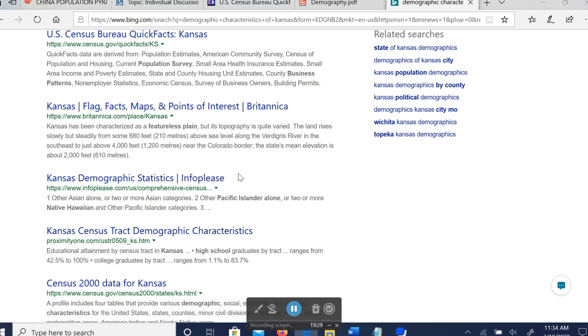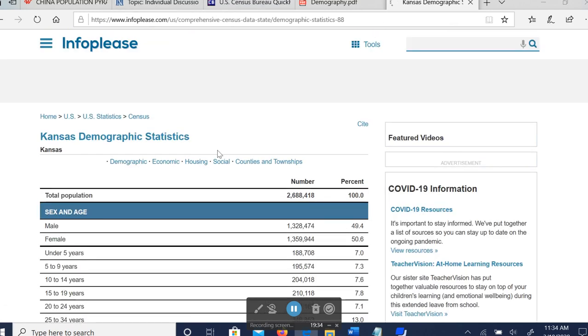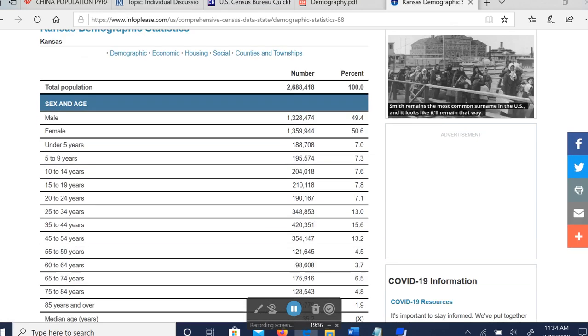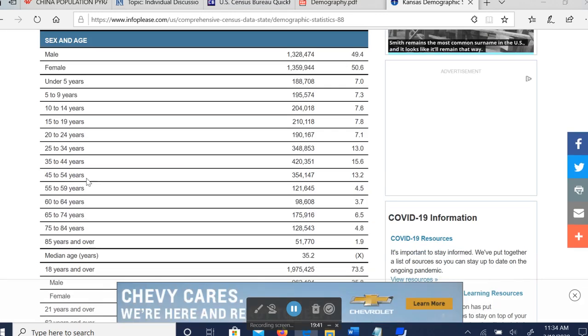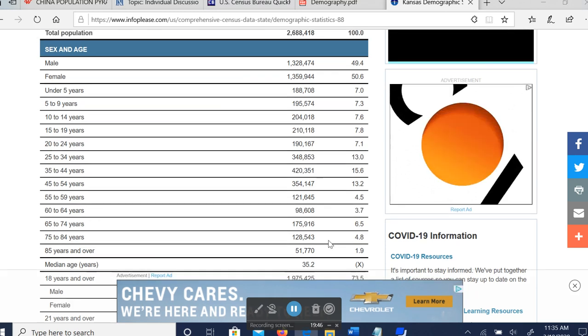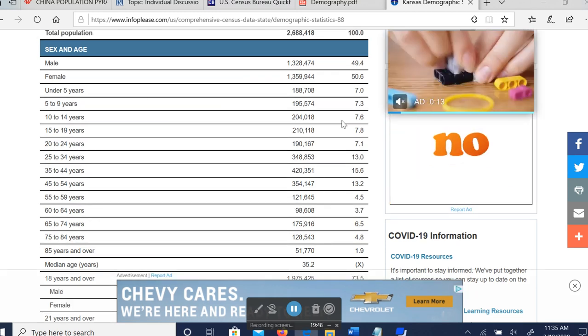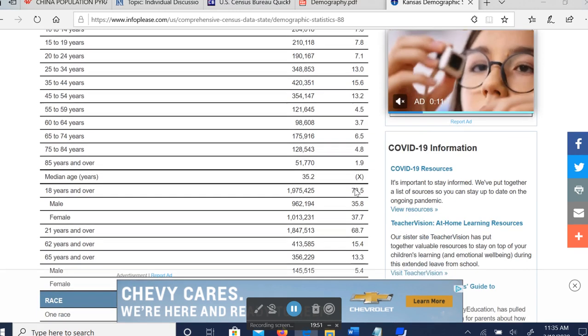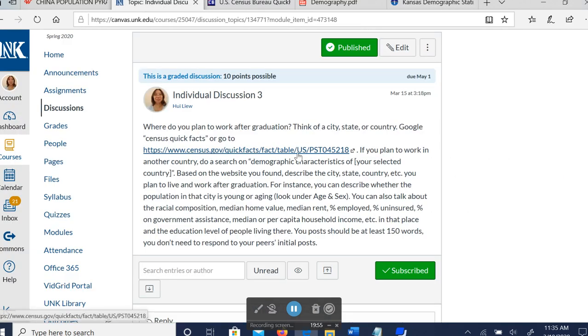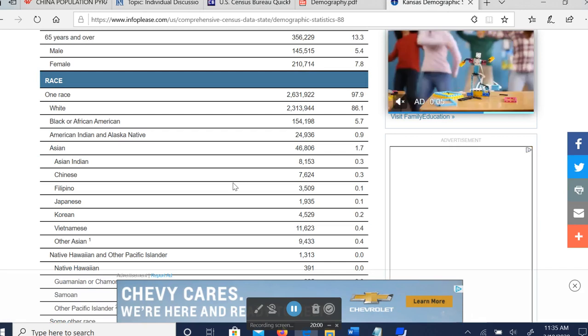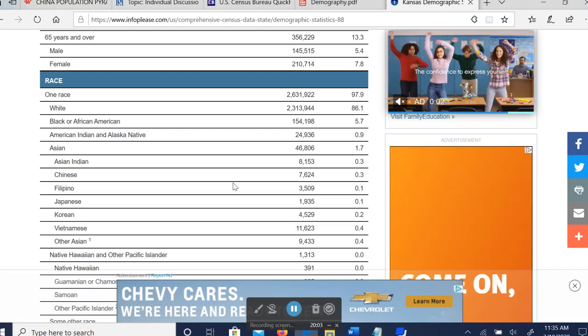Or you can go to another website if you plan to work in Kansas after graduation. So you just look at the number of percentages of people in different age groups in Kansas and just try to gauge whether this is a growing or aging population. And just briefly talk about the racial ethnic composition in Kansas or in the city, the state where you want to work.